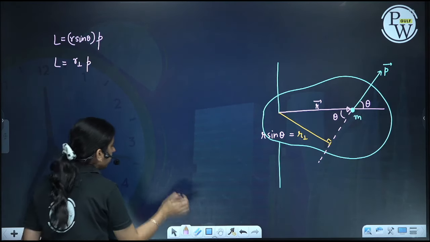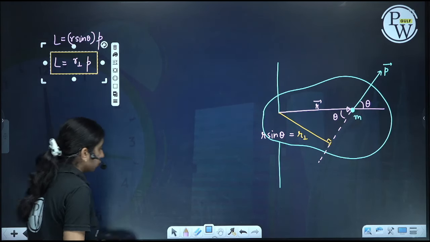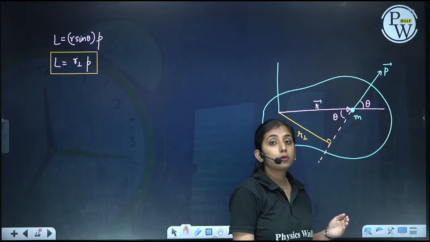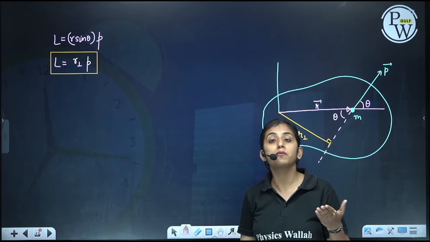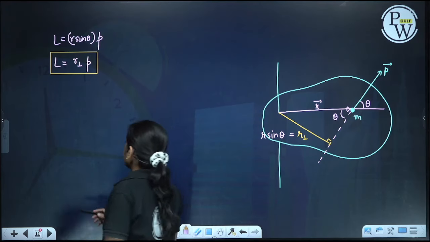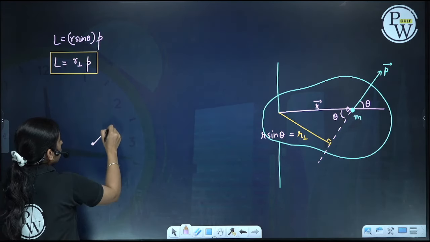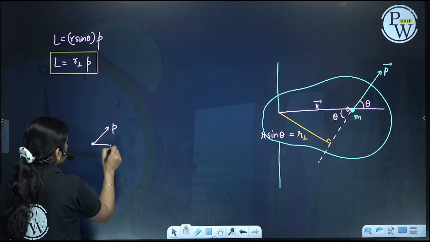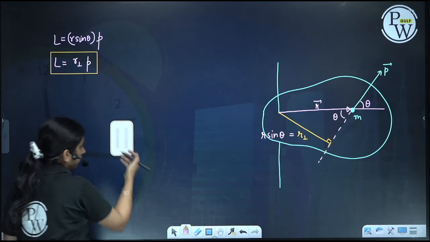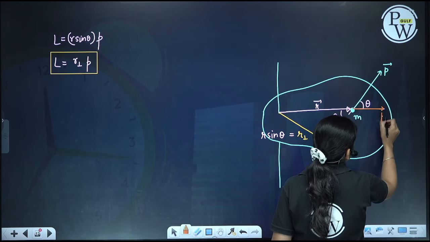Okay, so draw the line of action of linear momentum. Draw the perpendicular from the axis of rotation onto the line of action of linear momentum. Multiply the two, you will get the angular momentum. Or in other way, what we can do is we can resolve P. This was the P. Let us do it over here only. We can resolve P into two components.